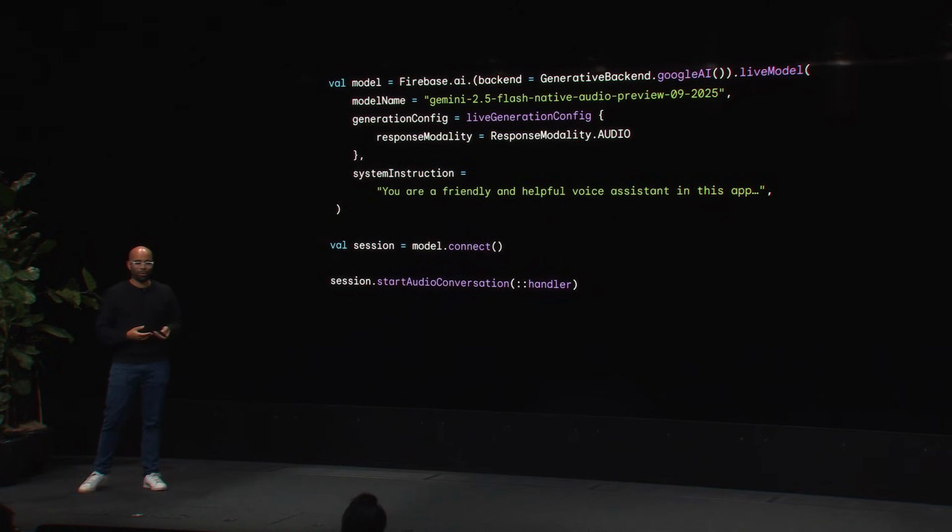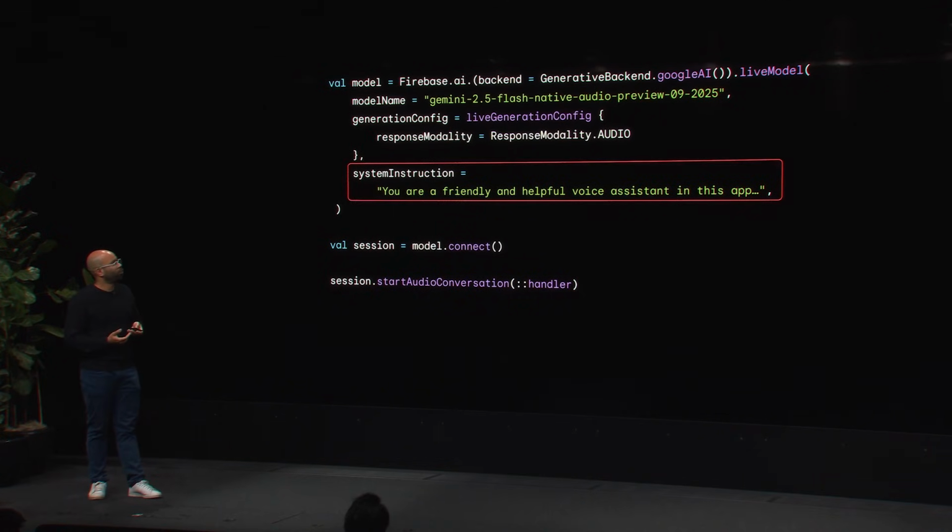So let's see how it works in the code. First, you need to create a live model instance at the very top. And you can see that we are using a system instruction. It's a way to define the tone of the model and define its behavior.